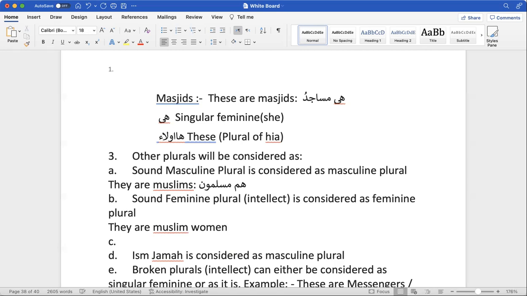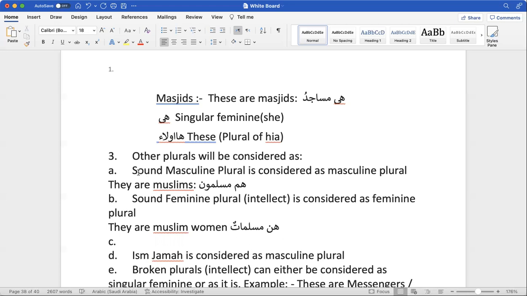Again, you will use the appropriate pronoun, they. First of all, it should match with the gender of the woman. The second, it should also match with the number. Okay. So you'll write hunna. Hunna means those are, they, for Muslim women. Hunna for females. Sorry, hunna muslimatun. So it means these are Muslim women.